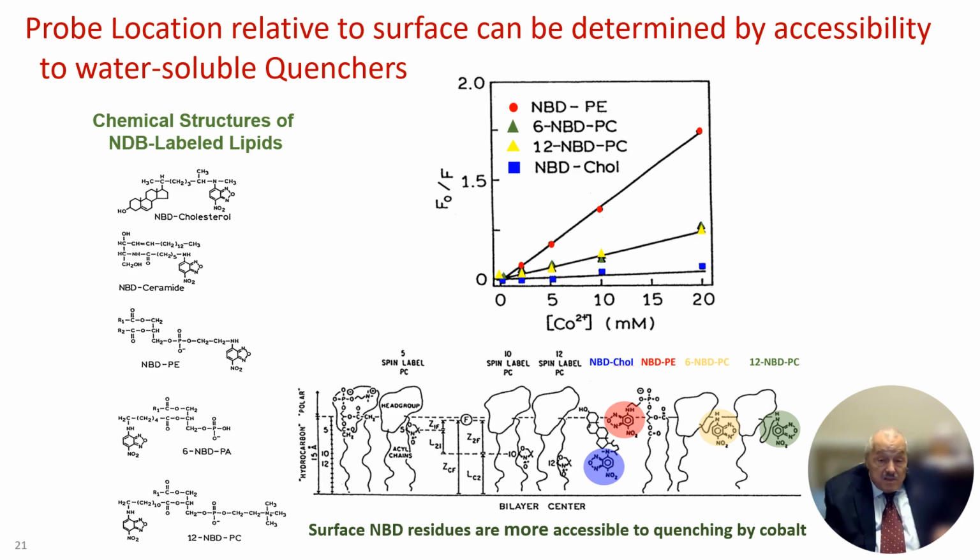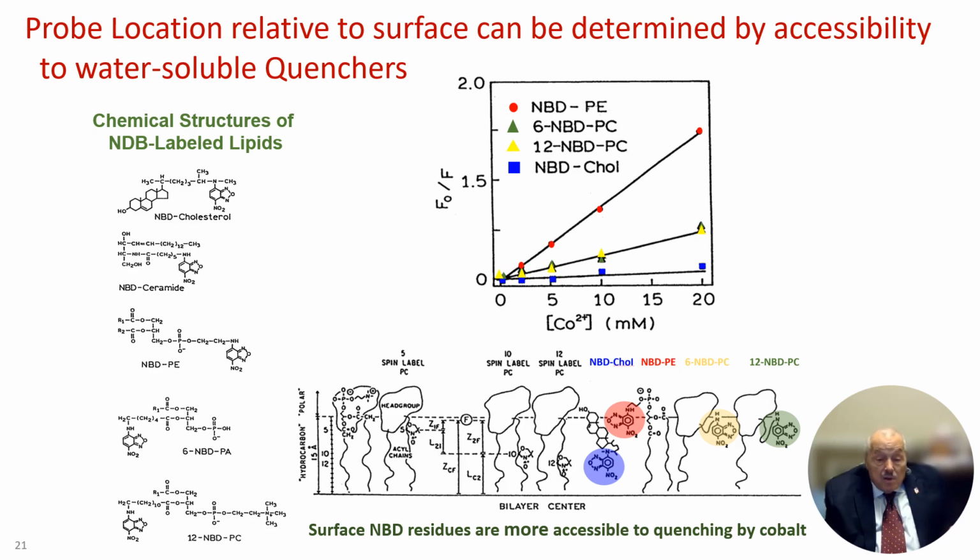And this membrane, which turned out to be, once again, an erythrocyte ghost, was labeled with different NBD derivatives. The NBD chromophore is shown here, and the NBD could have been placed on a cholesterol molecule, and it was placed on different locations along the chain.